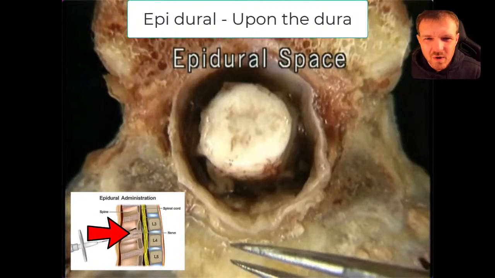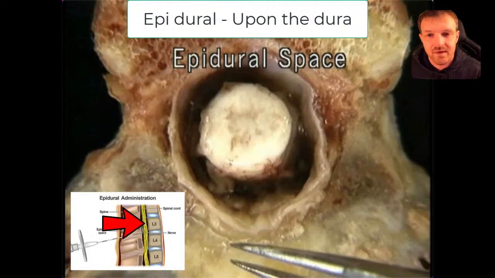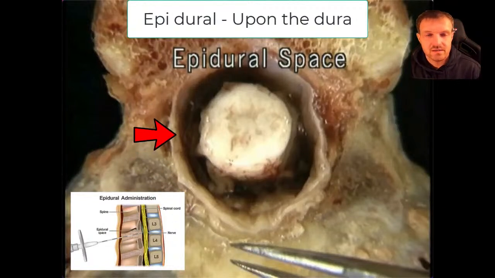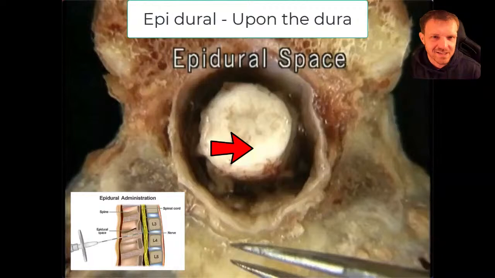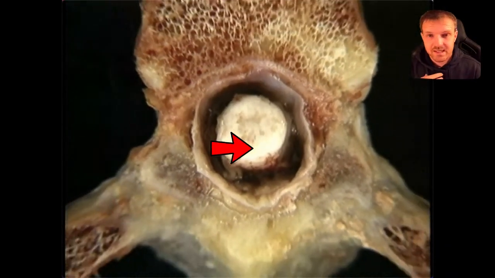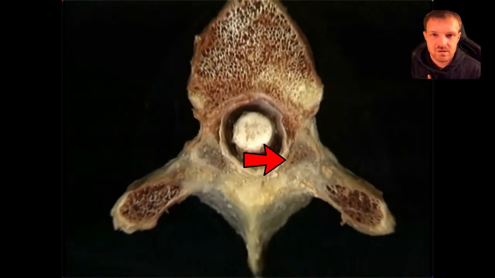Hopefully you can just about see there, it's going in through the interspinous ligament, in between the spinous processes, and then towards the spine itself. They'll do it in the cauda equina area, because if it does go through the dura, you won't hit anything, basically. But that's something we need to talk about in a sec, so I'll leave that for a second. So that's your subarachnoid space, and then the epidural space as well.